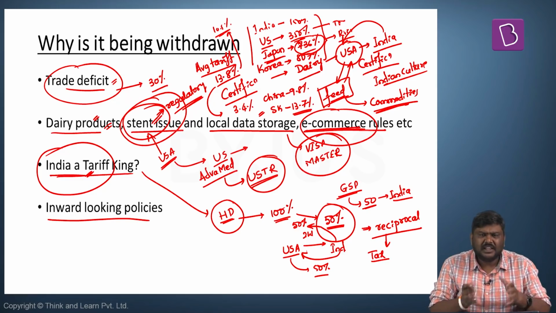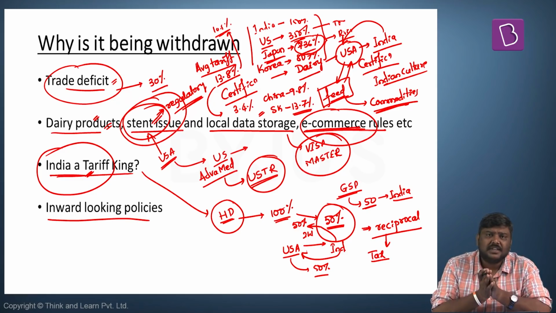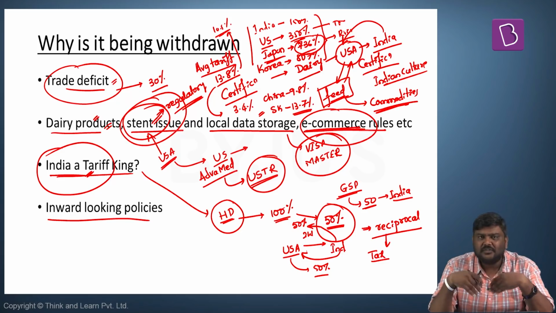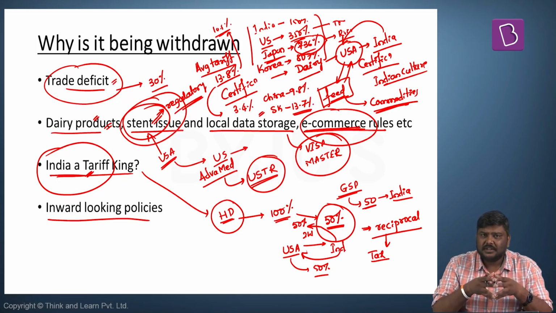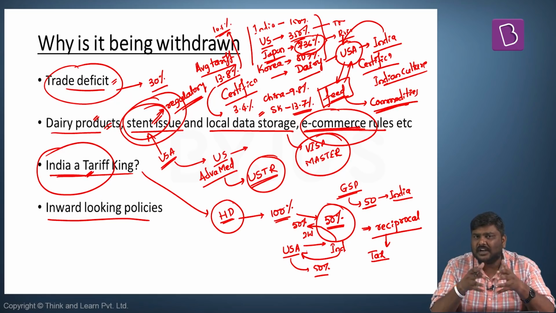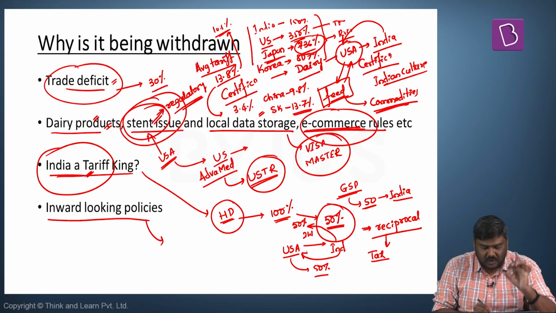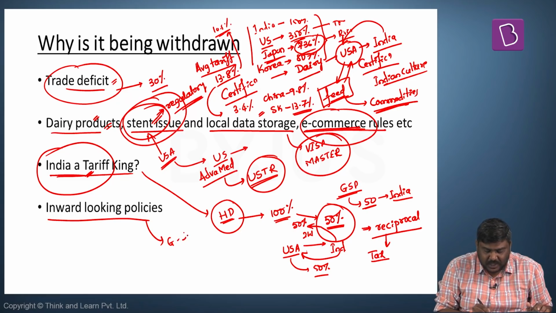Next, in recent times, what we have seen is the government of USA has started formulating and implementing trade policies, or any kind of policies, which are more inward looking. That is, they are only worried about the manufacturing in USA, they are worried about the employment in USA, and so on and so forth. These kinds of inward looking policies are counterproductive when you take into context the global supply chain value system.